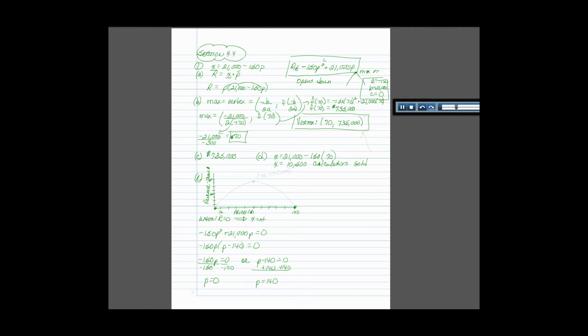We also, from when we found the vertex, we know that the vertex is at 70, so it went 14, 28, 42, 56, here's 70. And the maximum revenue there is about here. And if you put that function into your graph, you're going to see something like this. You can graph that in your graphing calculator. But it's really important on these kind of problems that you understand what these applications actually mean.